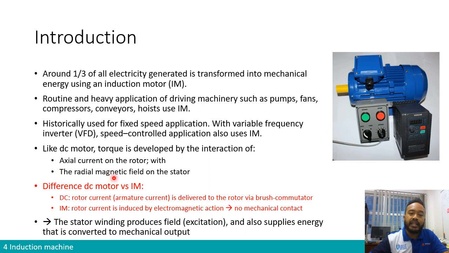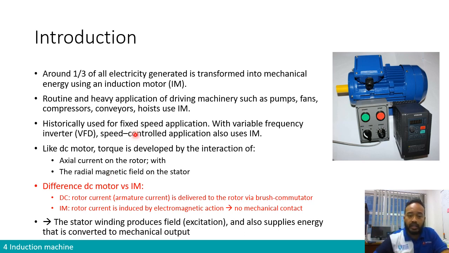And then there is a radial magnetic field created by the stator. That is the similarity with a DC machine. So what is the main difference between the induction machine and the DC machine? The main difference is in the current on the rotor.